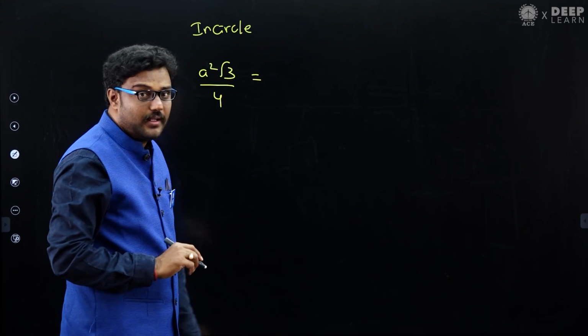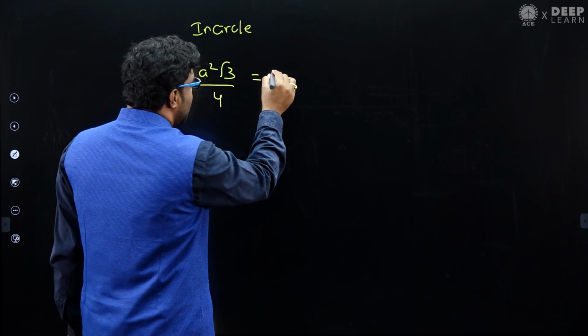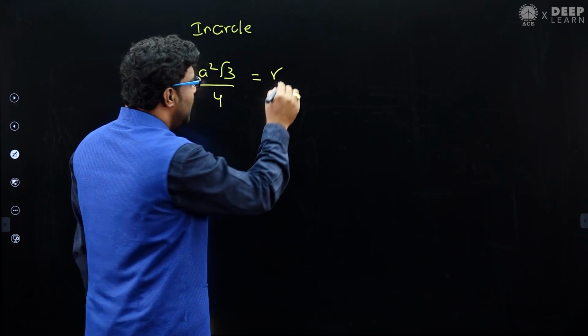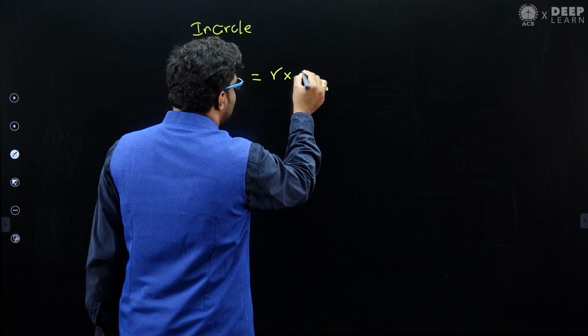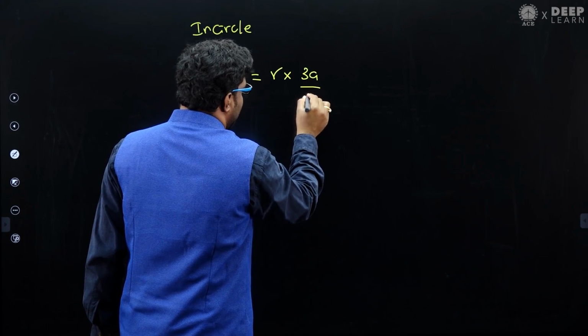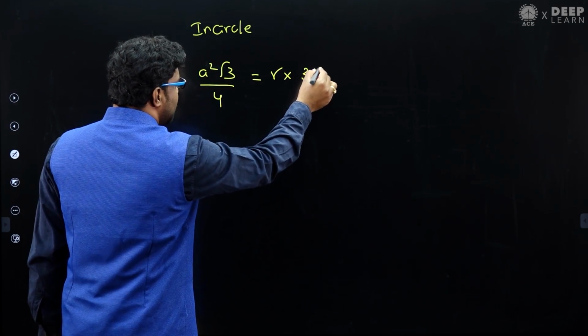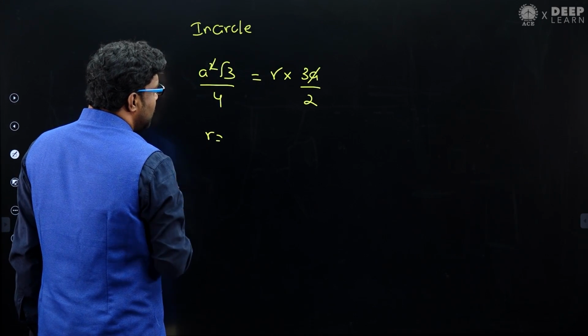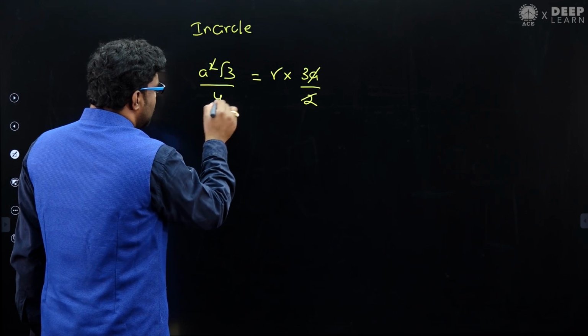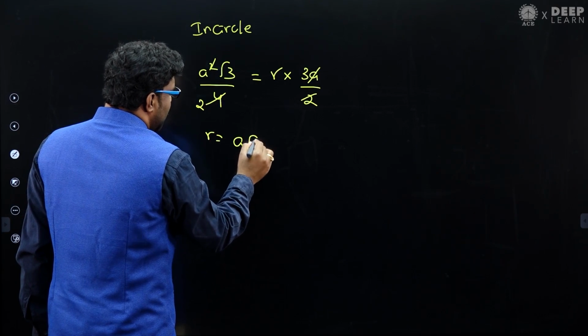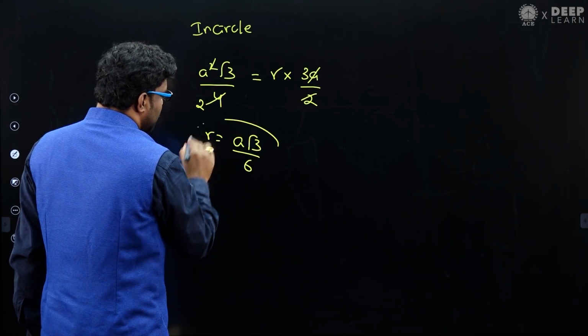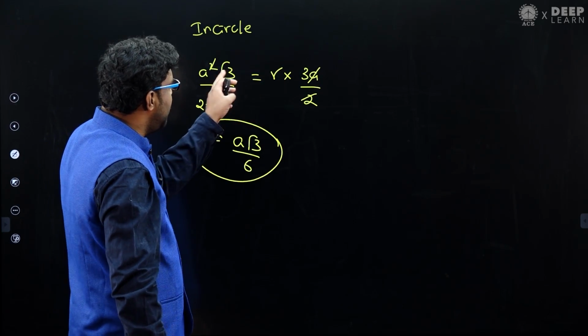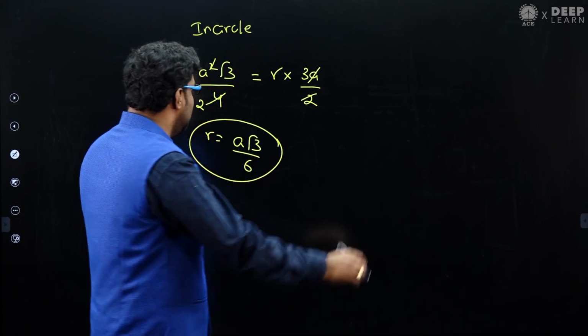Whereas as per the incircle concept, radius into S, where S is A plus B plus C divided by 2, that is 3A divided by 2. From this, I can say small r is nothing but A root 3 divided by 6.